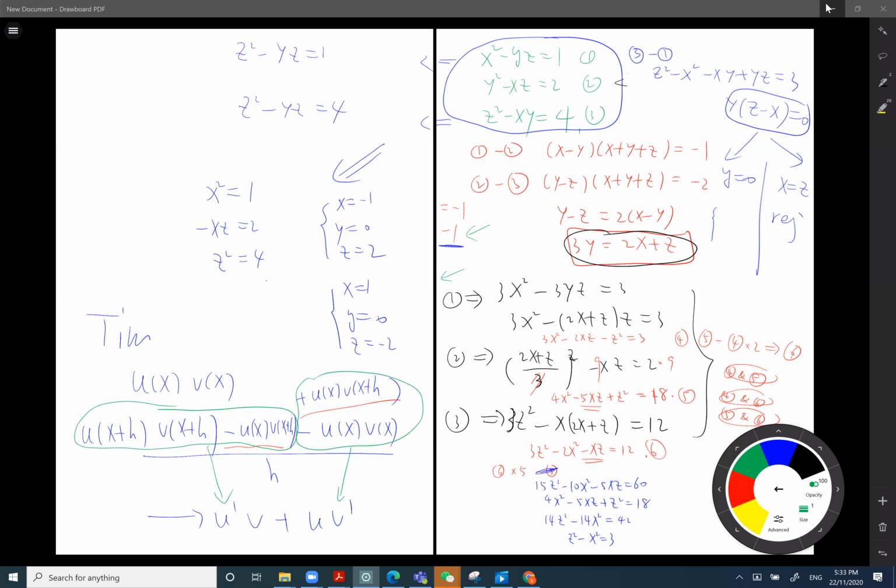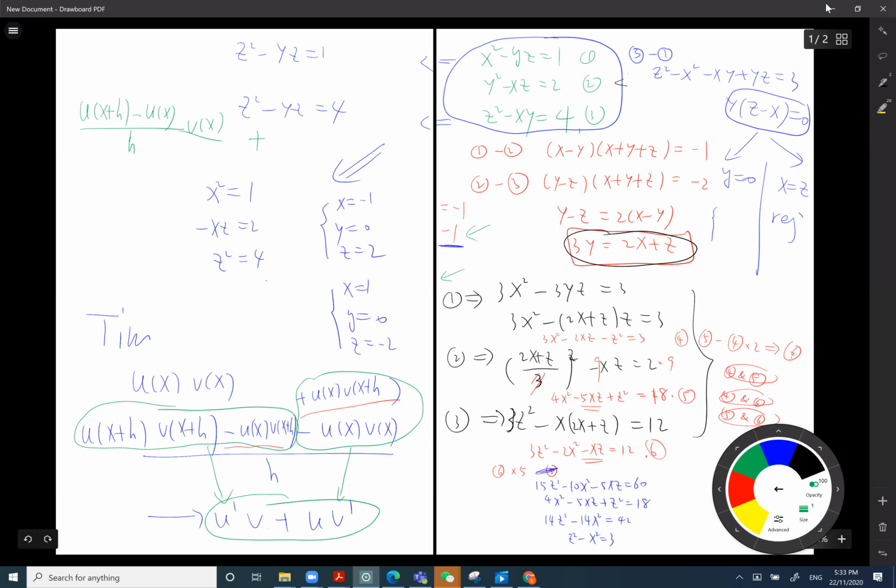If you cannot do it, for example, you stop here, you can do it this way and have a look. What's this? The right side is (u(x+h) minus u(x)) over h times v(x), check here.